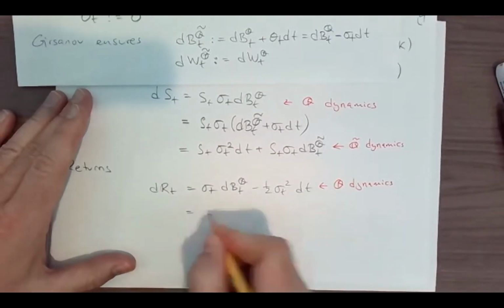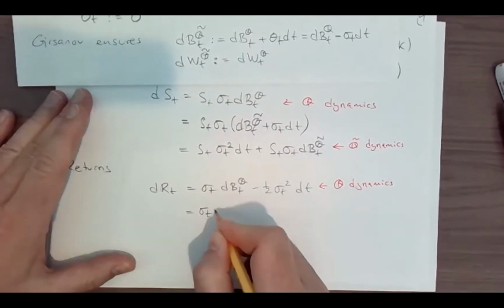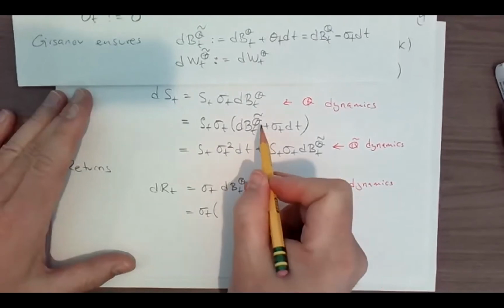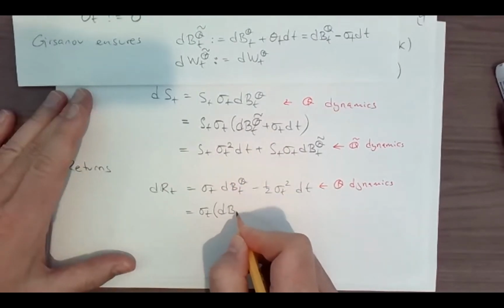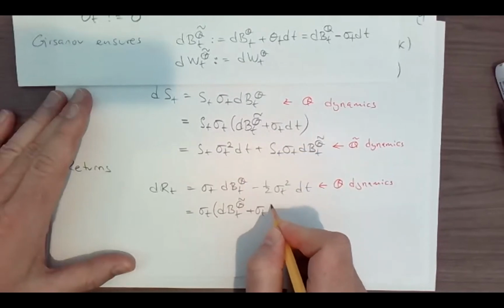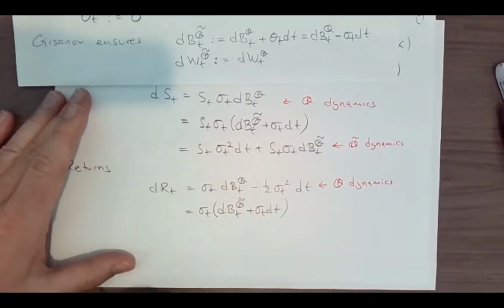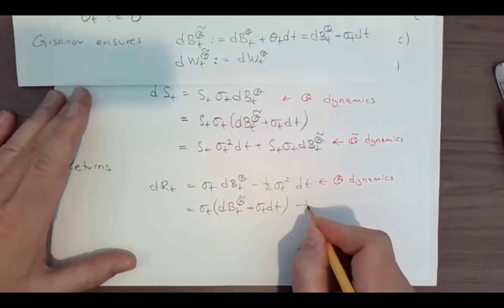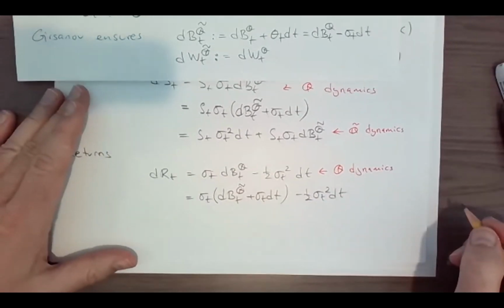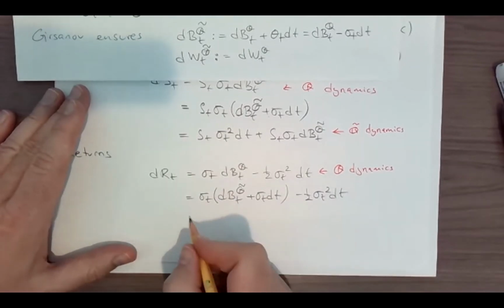Then if I were to write it over in terms of the Q tilde, I would replace the Brownian motion on the Q with the Q tilde Brownian motion and then do the correction term. I need a sigma. And then I have minus 1/2. And now I can ease it up.